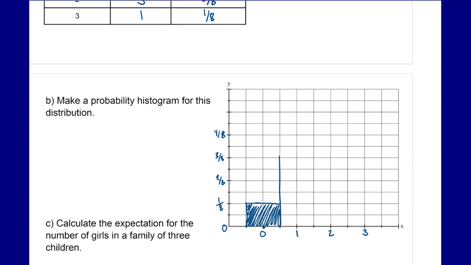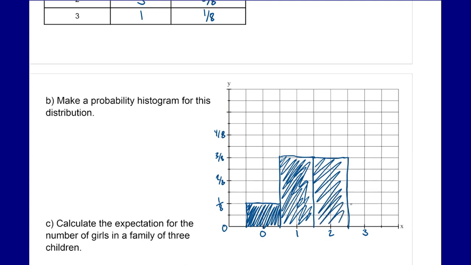There'd be a 3/8 that we're having 1, as well as 3/8 that we're having 2. So that is what the middle would look like. And then it is 1/8 probability for having 3 girls.